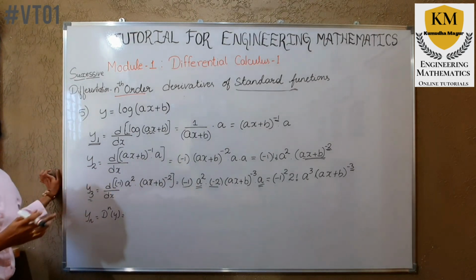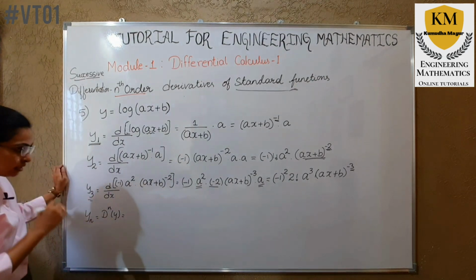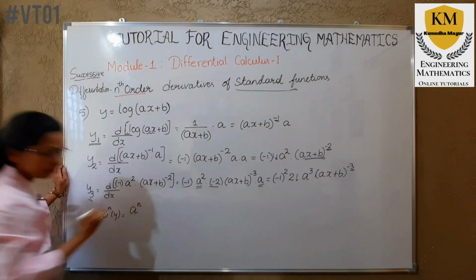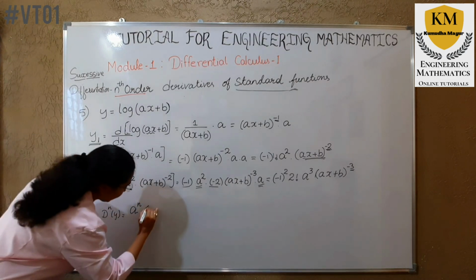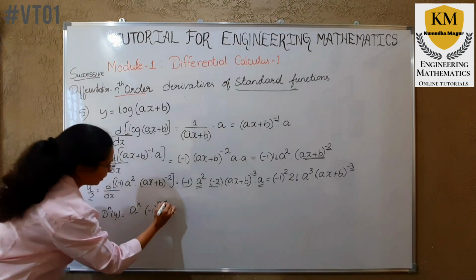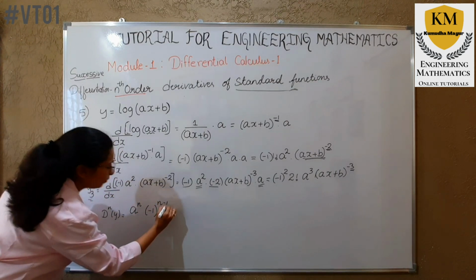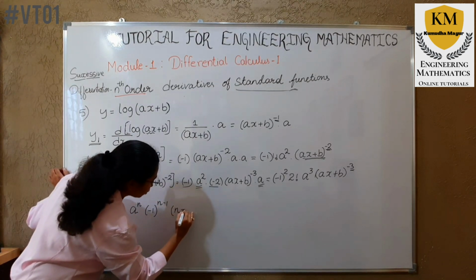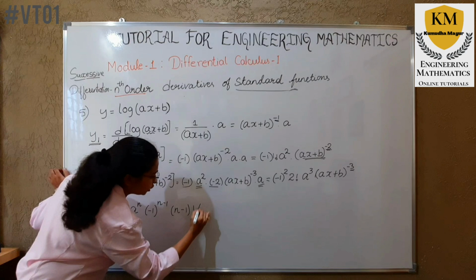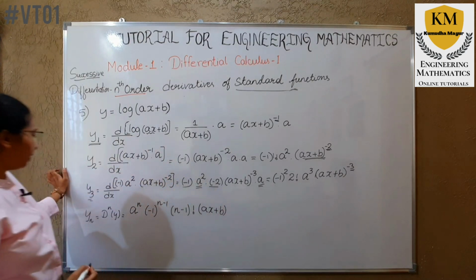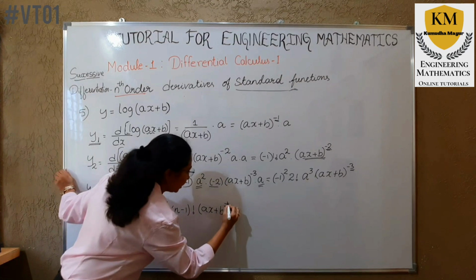For the nth order you can write this as a to the power n into minus 1 whole to the power n minus 1 into n minus 1 factorial into ax plus b whole to the power minus n.